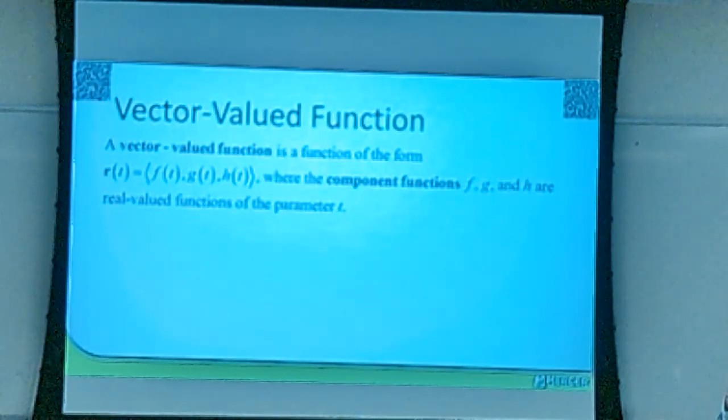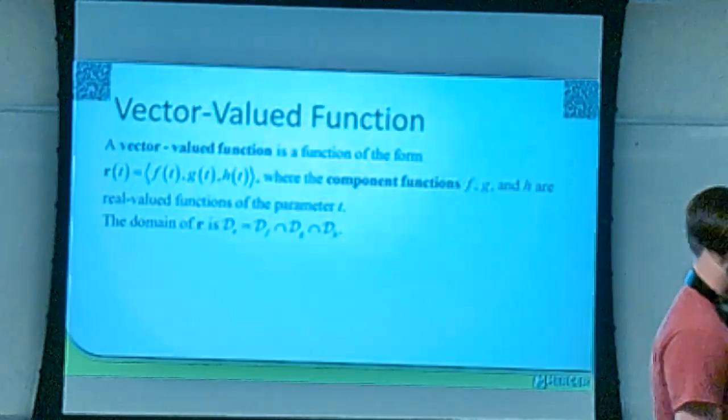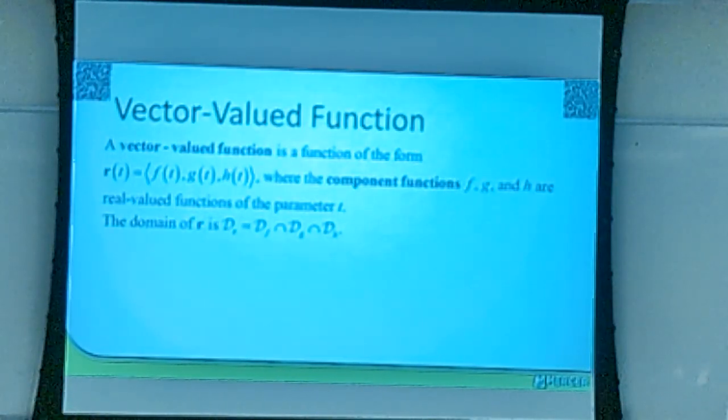We're restricting our study to those where the component functions are real value functions of some parameter, typically t. The domain is the intersection of the domains of each component function, right? A vector is only defined if all the components are defined.